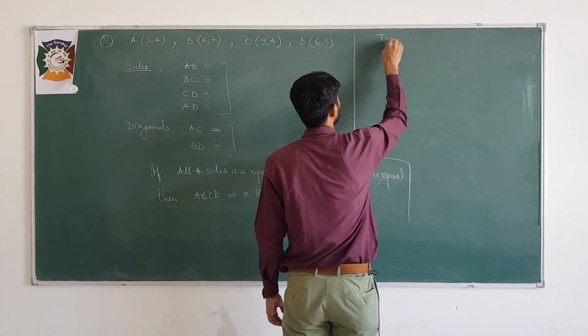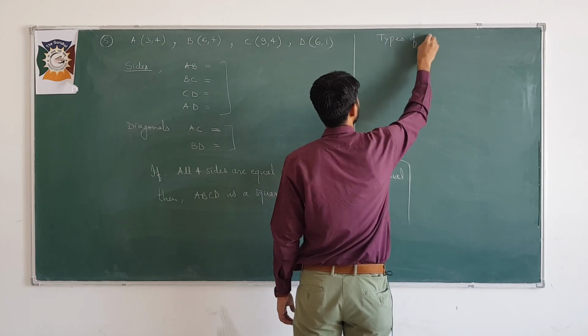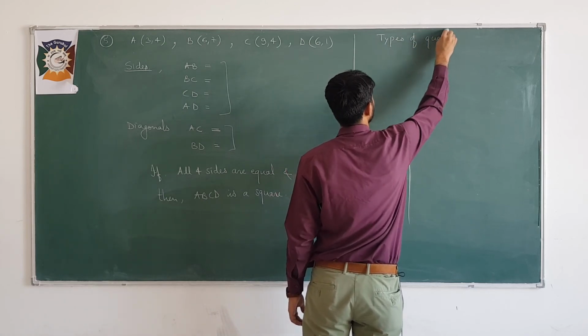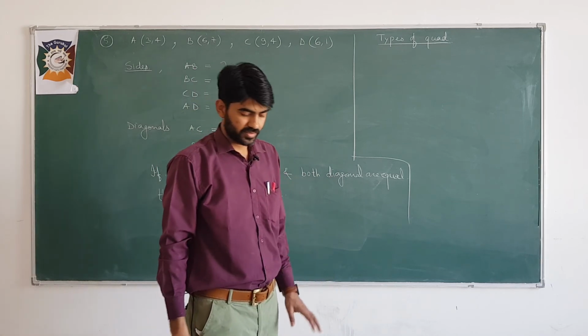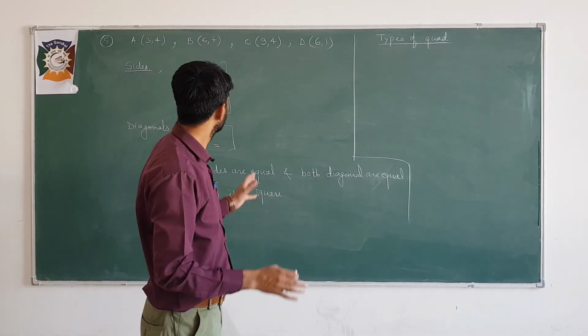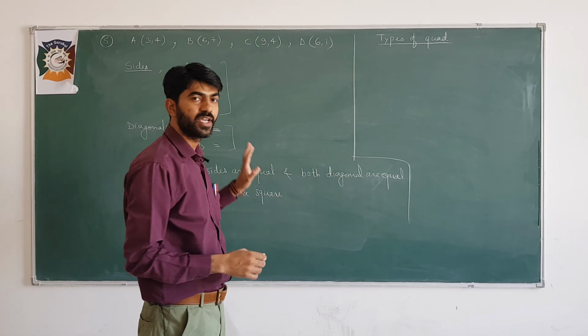Types of quadrilateral. A simple quadrilateral means different sides and different diagonals.